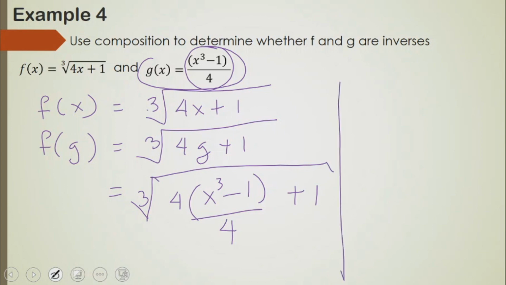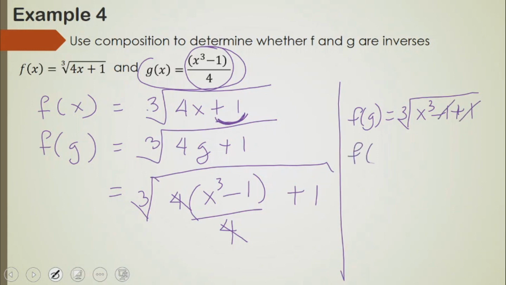So what do we have here? The 4 cancels out the 4 inside the cube root. So f of g equals the cube root of x raised to the power of 3 minus 1 plus 1. So 1 minus 1 goes to 0.